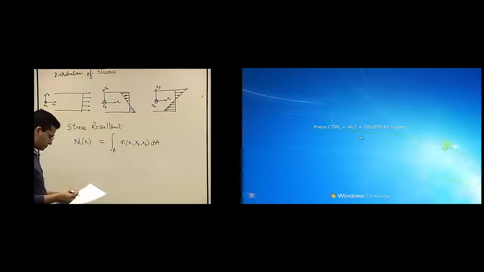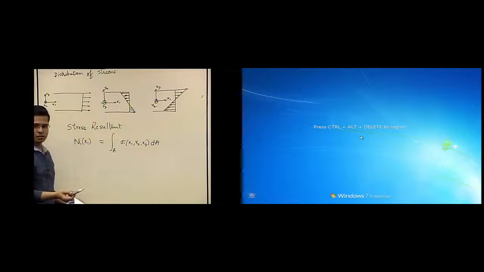So if I have sigma 1, so at each point on the section, I have sigma 1 of x1, x2, x3 as my stress, integrated over the area will give me a stress resultant.